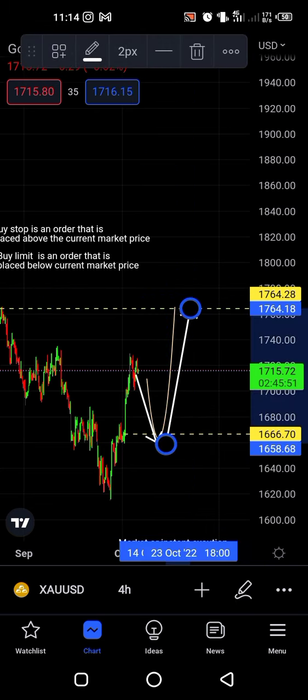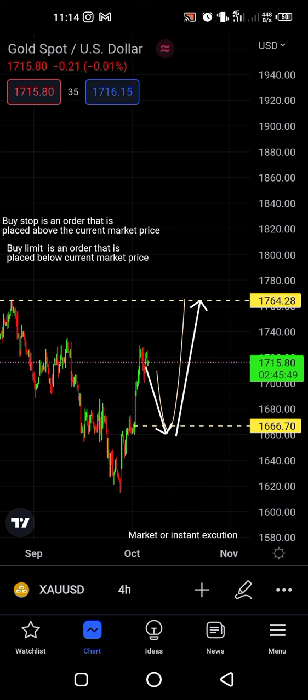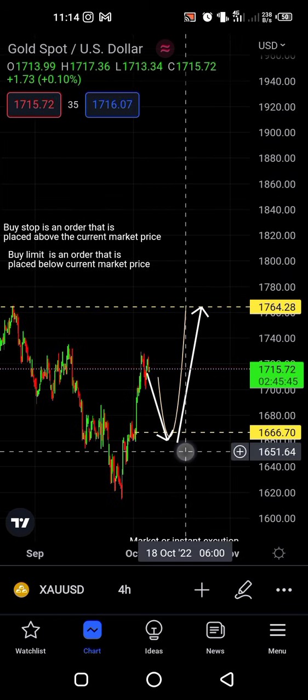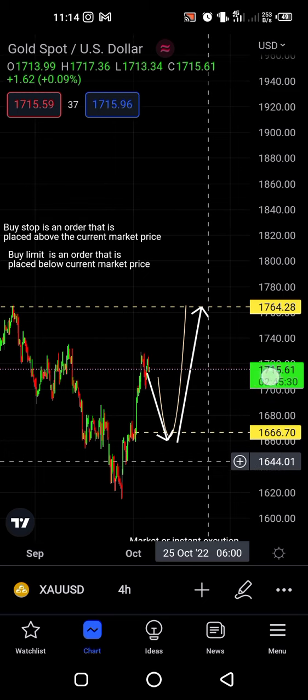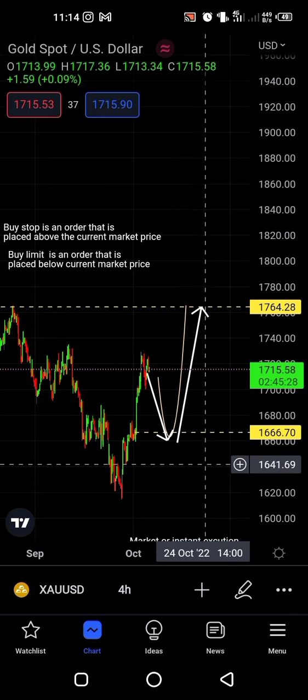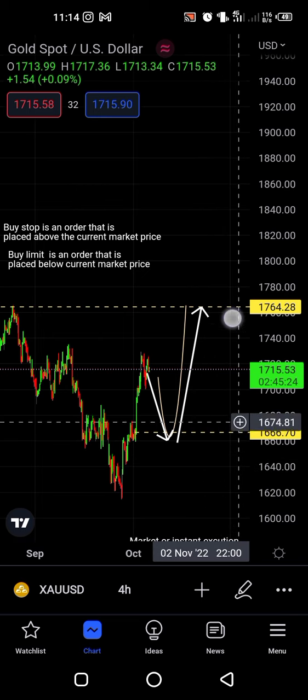This is the movement that you believe price would do. Instead of waiting for the market to come all the way down before you place your order, and being on your chart checking all the time whether price has gotten there, you can place a limit order. A buy limit order is an order that is placed below current market price. If your prediction is right, the market will come down and then go up.